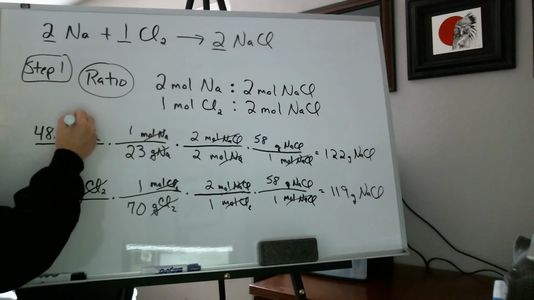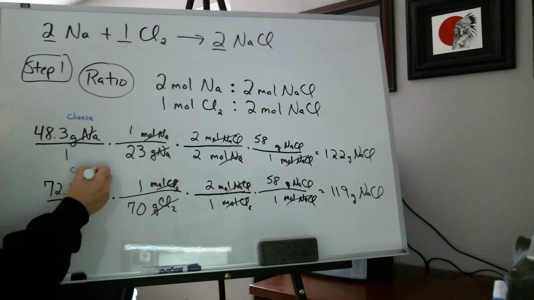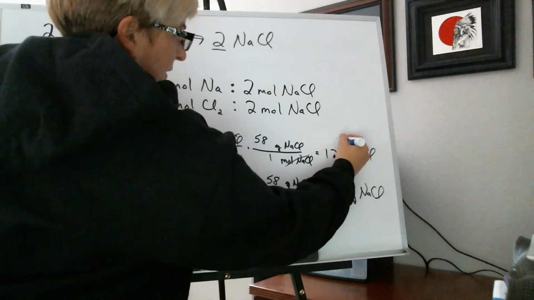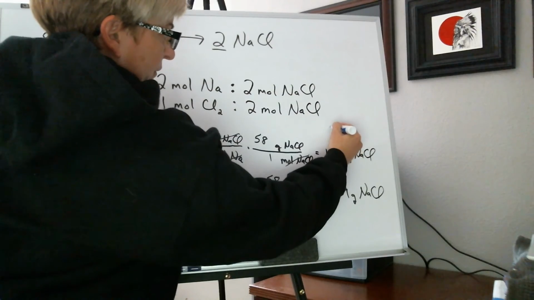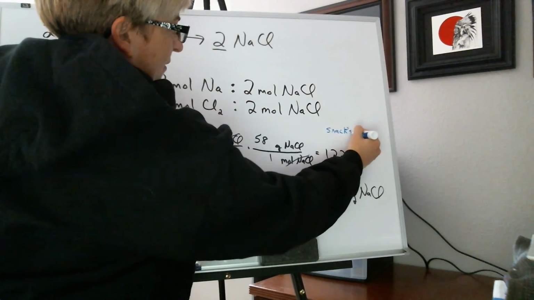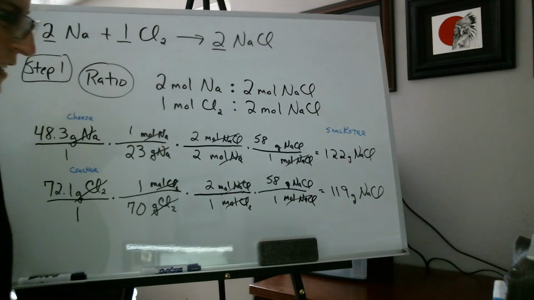So let's say that the Na was kind of like our cheese, and the Cl is like our cracker, and this is our snacker over here. Maybe I'll call it a snack stir, since it doesn't have the chicken.